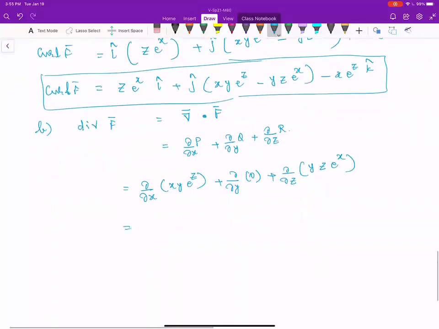So now you're differentiating with respect to x for the first term, so that will be y e^z. Then you're differentiating the last one with respect to z, so it's y e^x. So you get y times (e^z plus e^x). That is div F.